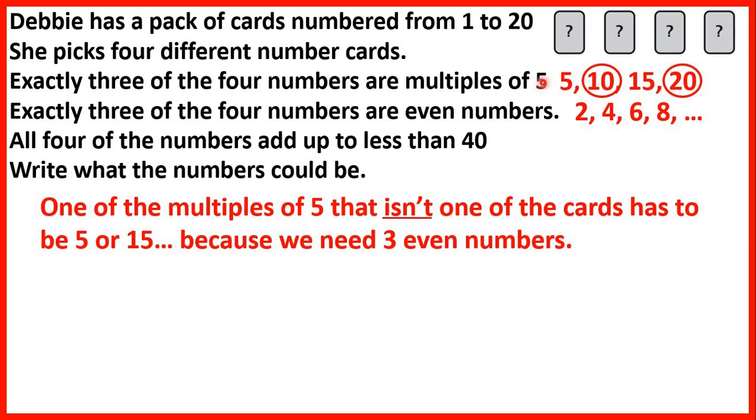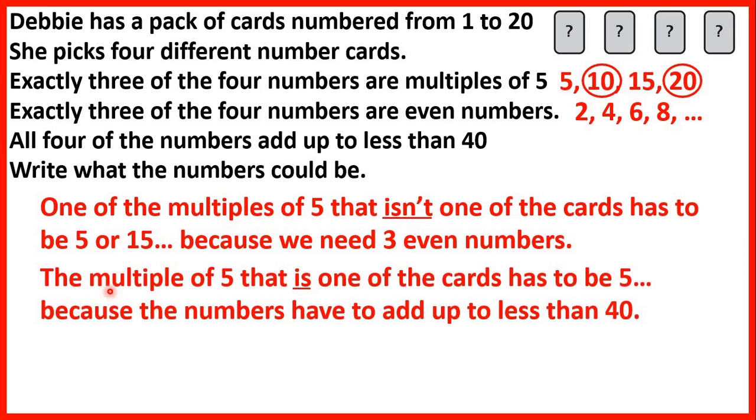So one of the multiples of 5 is our only odd number. The multiple of 5 that is one of the cards has to be 5, because the numbers have to add up to less than 40. And if we have 10, 15 and 20, that's 45, so more than 40. So the other multiple of 5 must be 5.